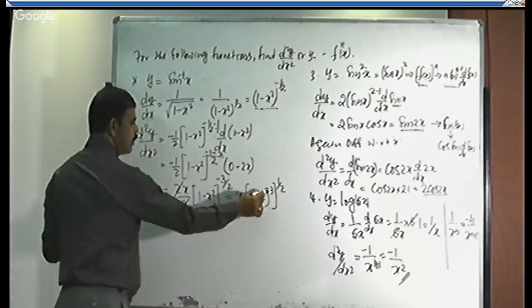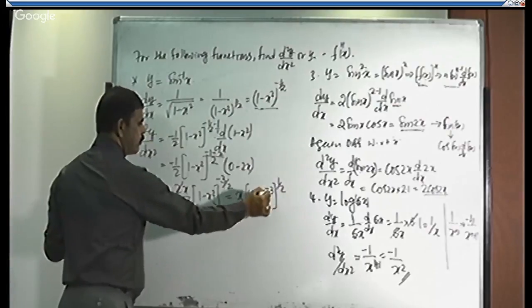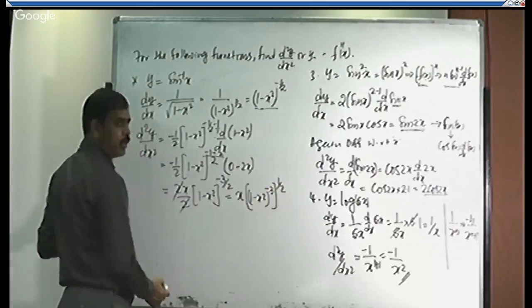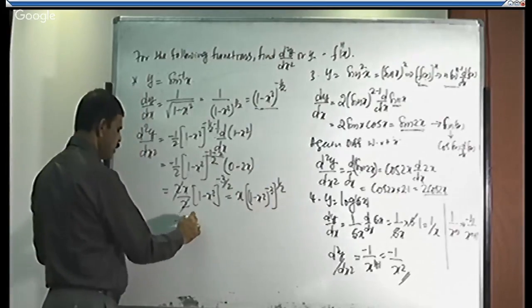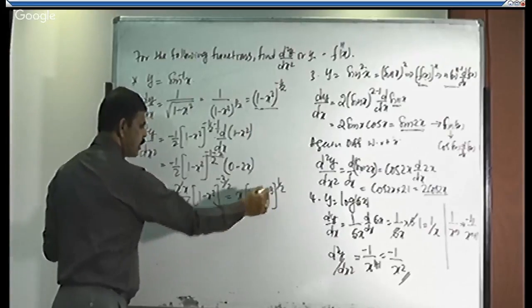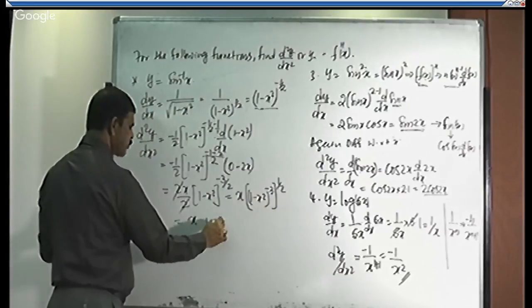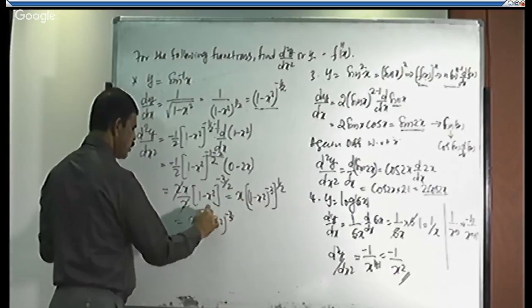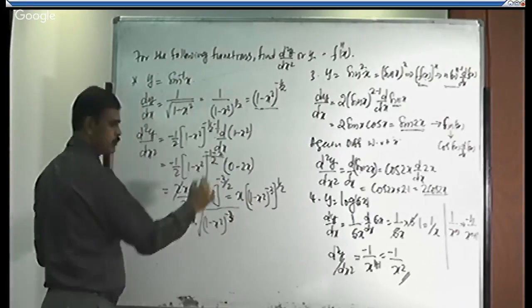Because a to the power of m whole to the power of n can be taken as a to the power of m into n. If you want to write it in terms of root, you can take it like this: 1 minus x square to the power of minus 3 in root of this.